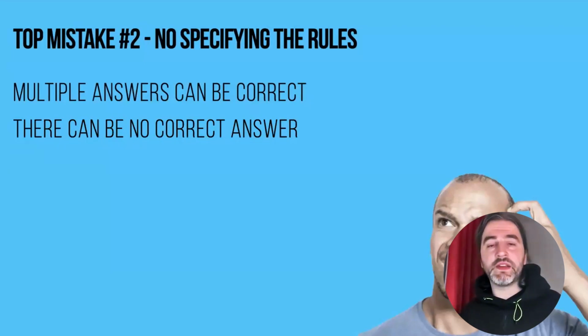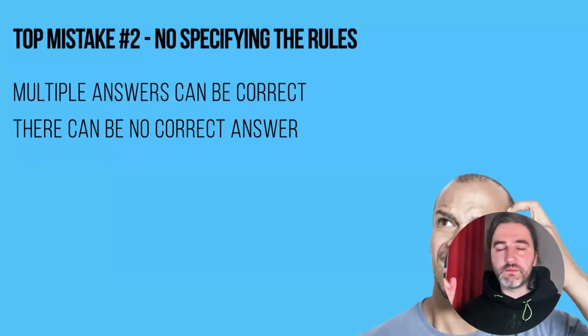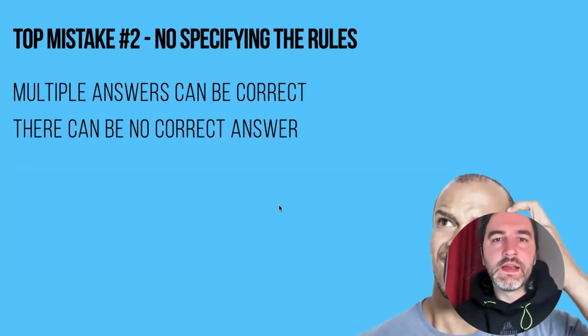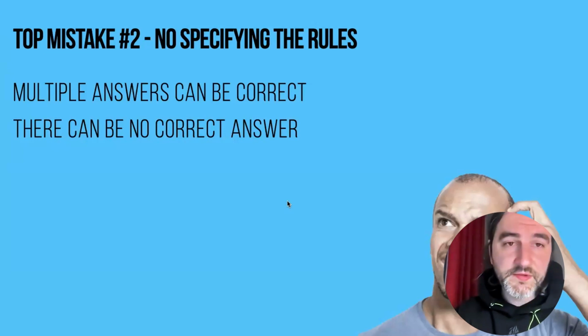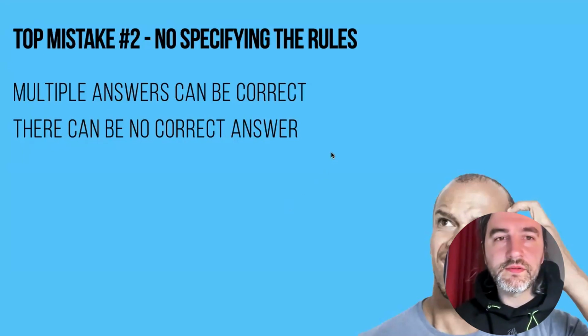That can also be an answer. What if you need to click submit without choosing anything? That would be crazy. What if you need to write something in and the correct answer is not writing anything in because there is no correct answer? It can be crazy sometimes. And you need to tell people that sometimes there will be no correct answers to a question.